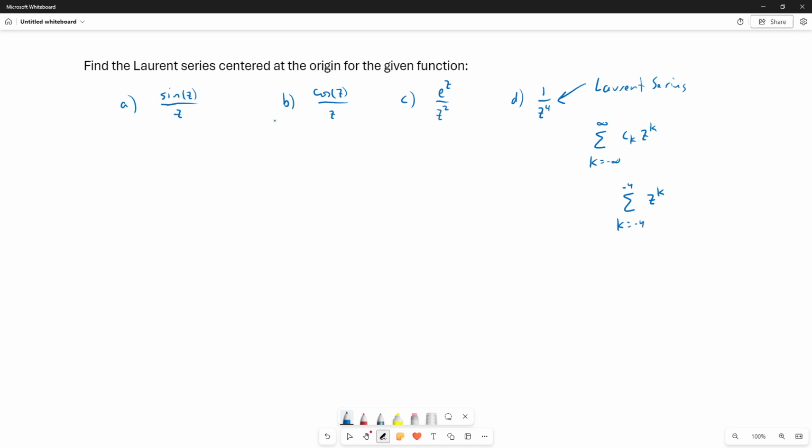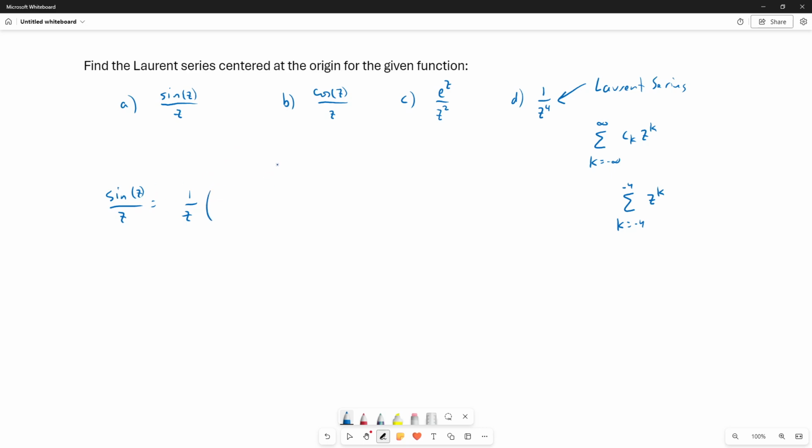Okay, so let's look at these more complicated ones here. Sine z over z. What we're going to do is use the Maclaurin series for the function in the numerator in all three of these cases, and then perform the division. So sine z over z, that's 1 over z times sine z.